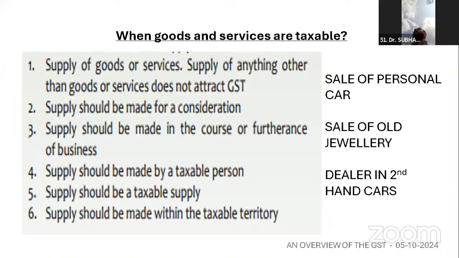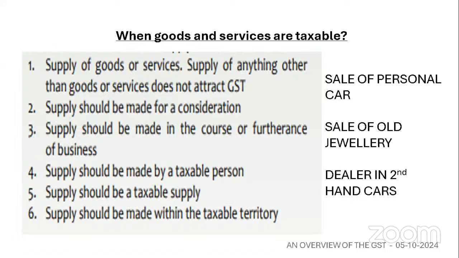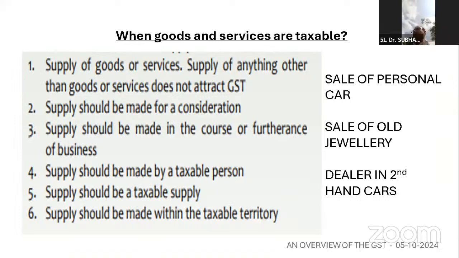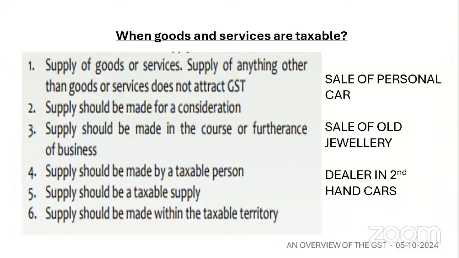However, there are certain restrictions wherein the transaction is between related parties. Say, for example, I am selling the goods to my brother. He is my relative. In the GST law, there is a definition for who are the related persons. My brother and my family members are among those related parties.